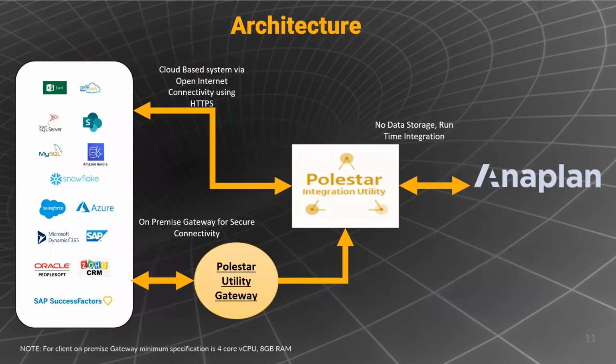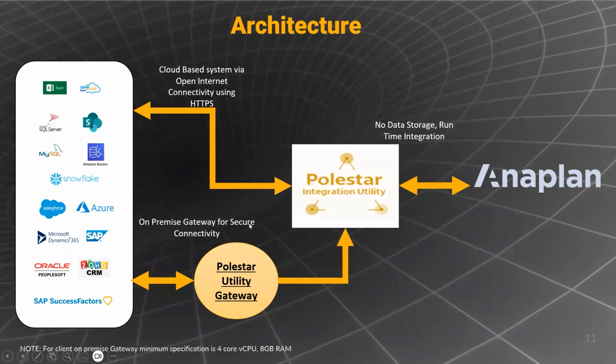When we talk about the architecture of this utility, it has the capability to connect with cloud-based systems through internet connectivity. If for any reason you have kept your systems behind firewalls, we also have a utility gateway, with the help of which we can connect to any on-premise solution or source system behind the firewalls.